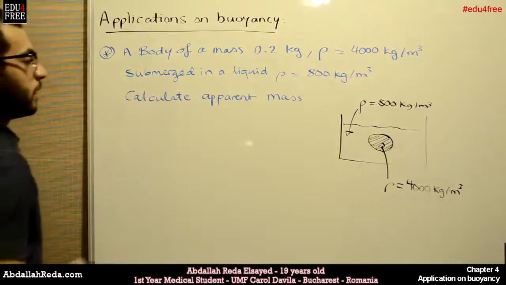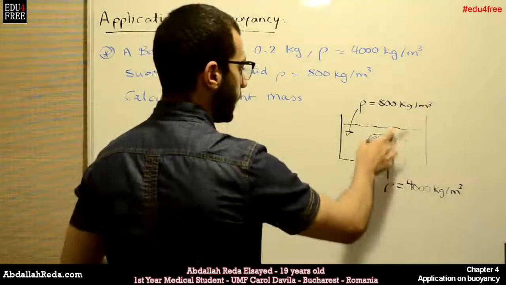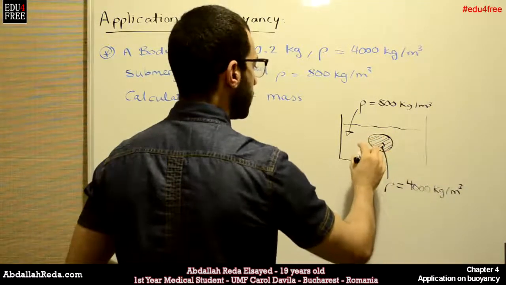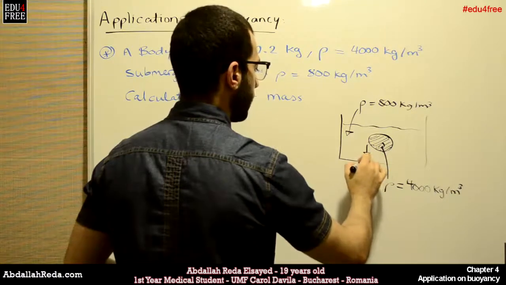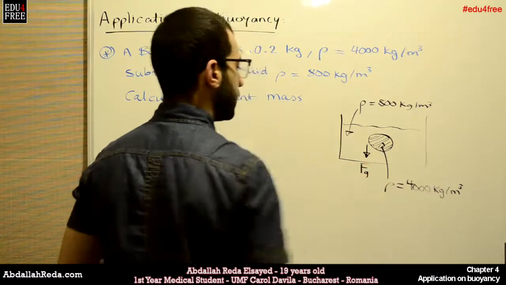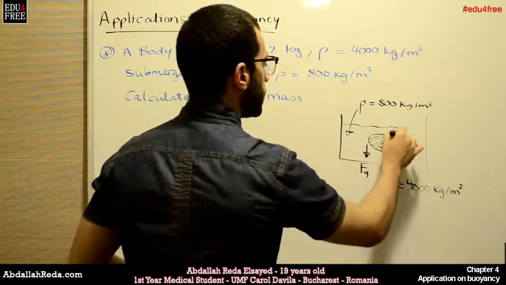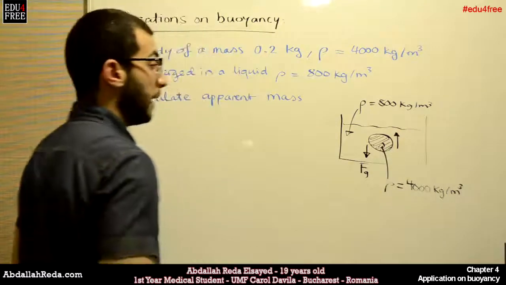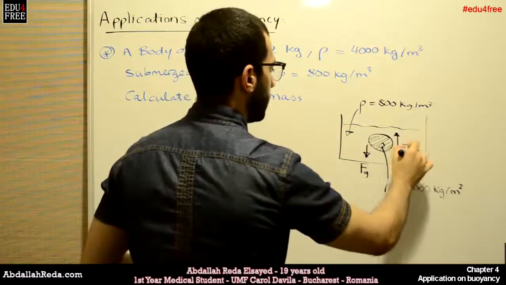So we have here two forces. A force that pulls the body down, which is the weight of the body, so let's say Fg. And another force that pushes that body up, which is the force of buoyancy, so Fb.